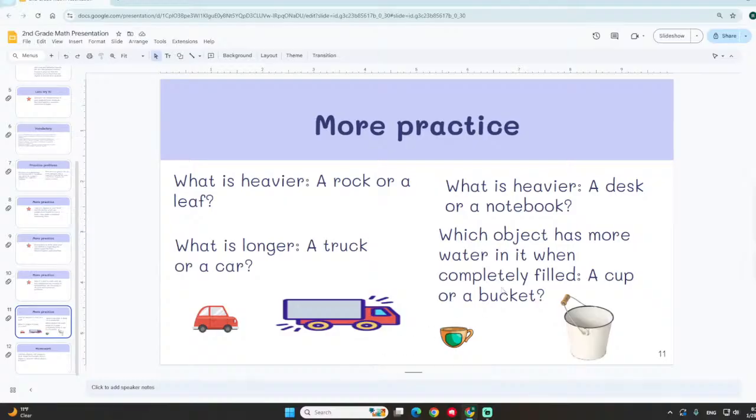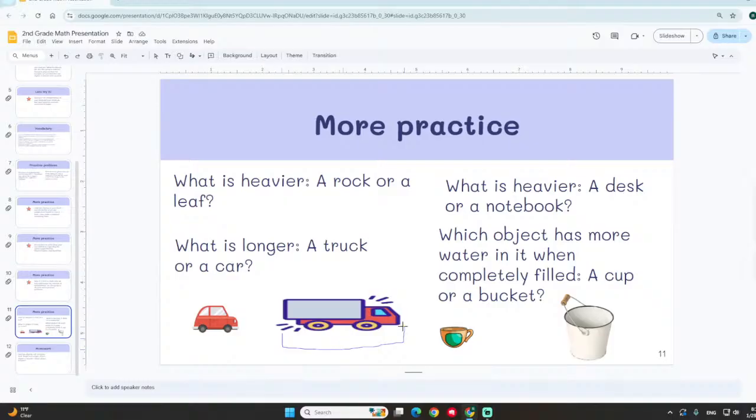So what is heavier, a desk or a notebook? And just so that we know, length is, you see this line I'm making? A length is this sort of measurement.